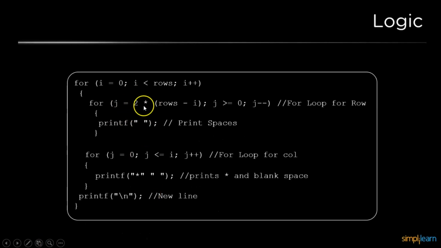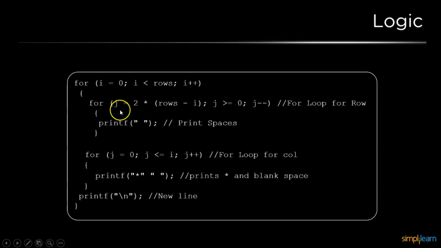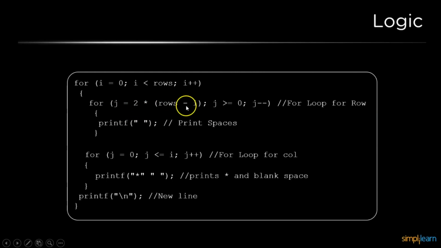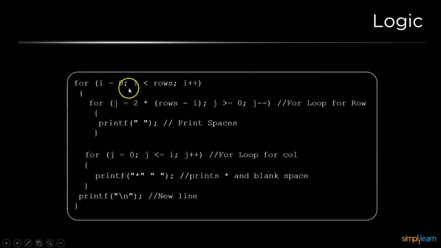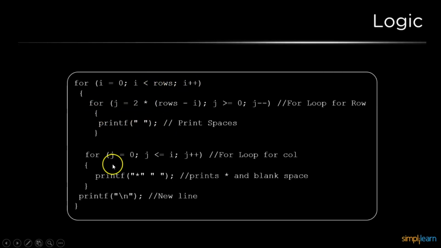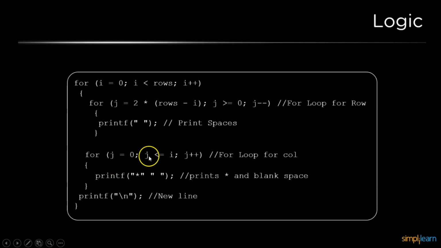As you can see here, in order to print the spaces first, we have a for loop where j is equal to 2 into row minus 1, j greater or equal to 0 and then j minus minus, which is the post decrement operator. Initially the I value is 0 and 0 lesser than 5, then it comes and prints the spaces first, and then j is equal to 0 where 0 lesser or equal to 0, which is true, and prints the star.